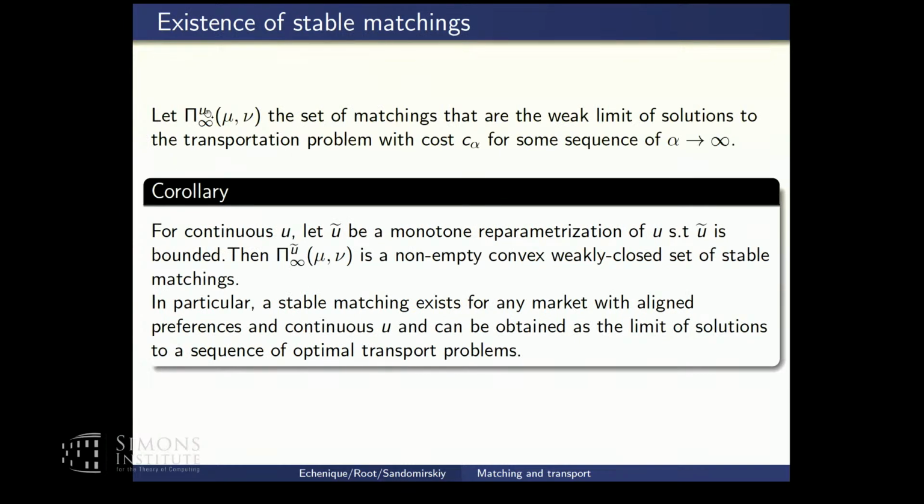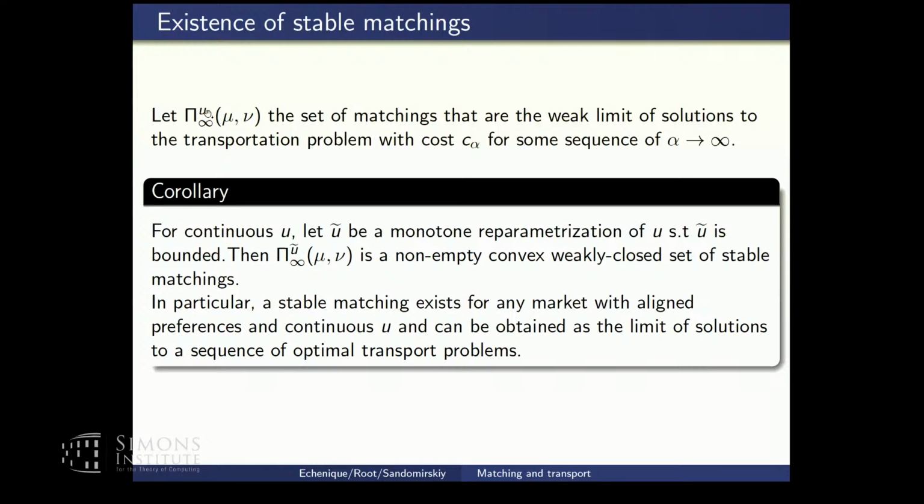All right, so there is an interest in the existence of stable matchings in infinite markets, so we can get that as a corollary. If you look at all the solutions to the transportation problem with positive alpha, and you take a sequence of solutions as alpha goes to infinity, and you collect here all the limit points of this way of proceeding.